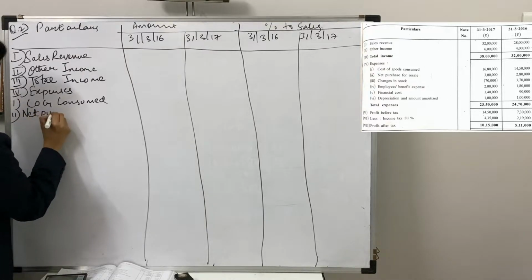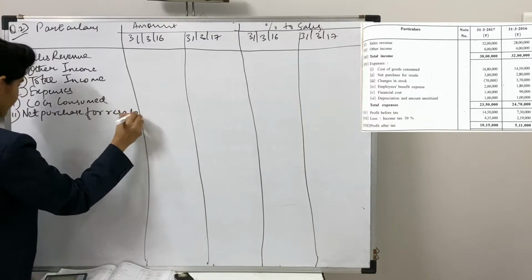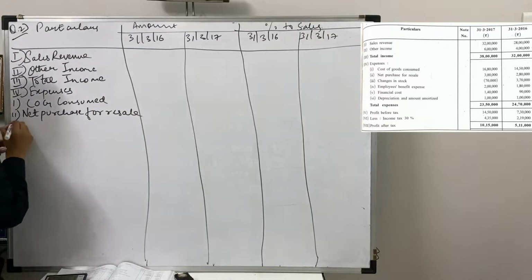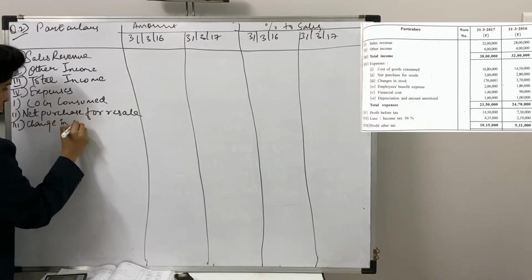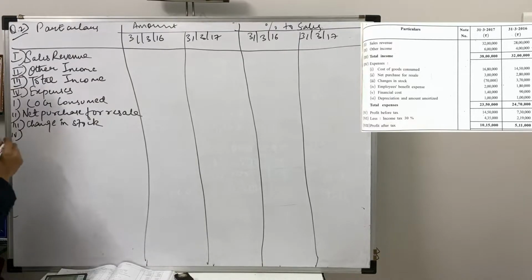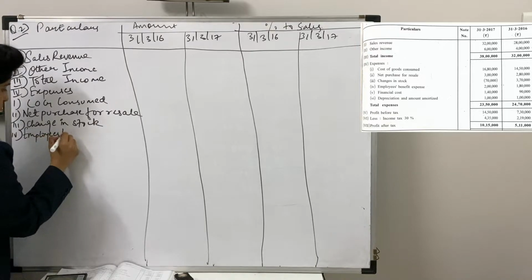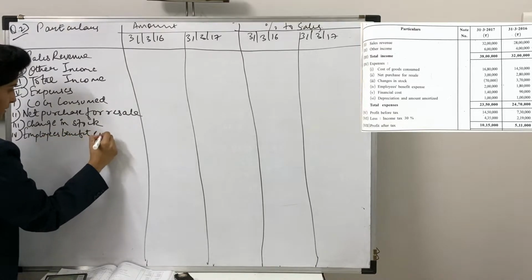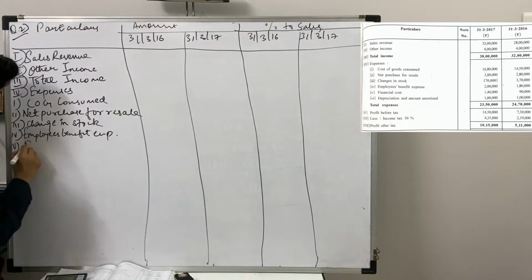Next is your change in stock. Next part is your employees benefit expenses. Next is your financial cost.